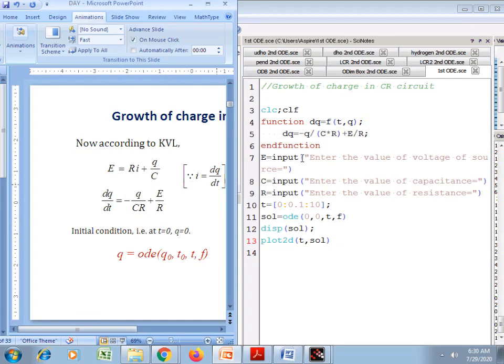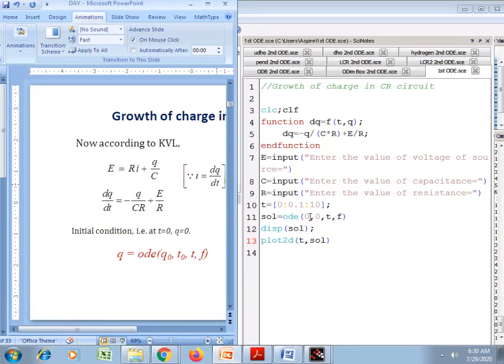Then end function. Then the values of E, C, R, which are constants, are provided through the input function. Then t I have taken from 0 to 10 with a step size of 0.1. Then this is the ODE function to get the solution.